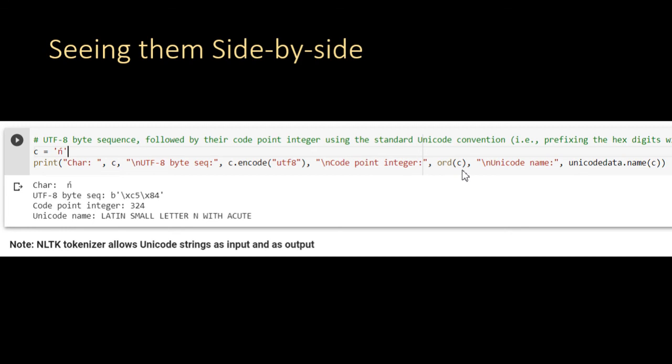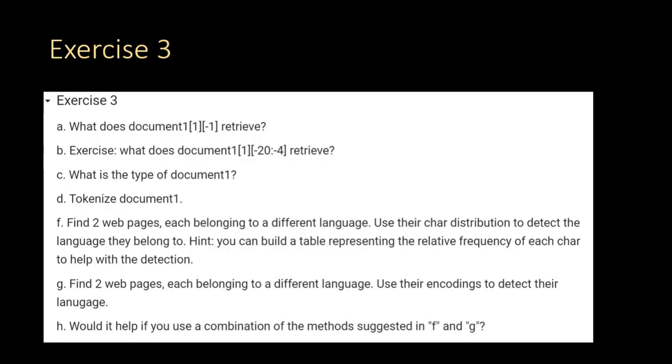You can see its ordinal, code point integer, and you can see its Unicode name. NLTK tokenizer does allow Unicode strings as input and output. Finally, don't forget to solve all the exercises. See you in the next session.